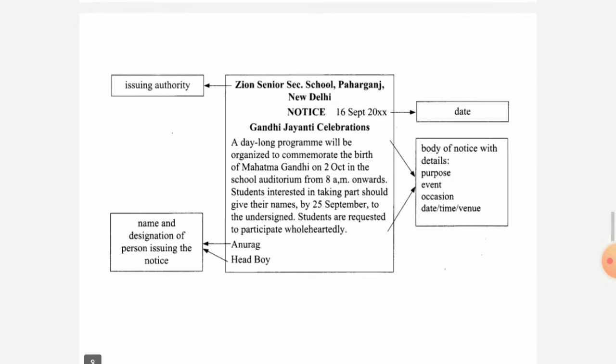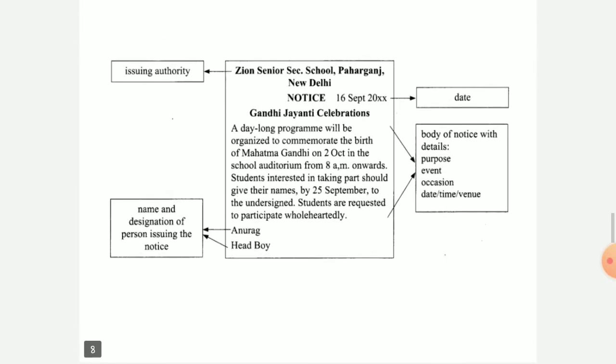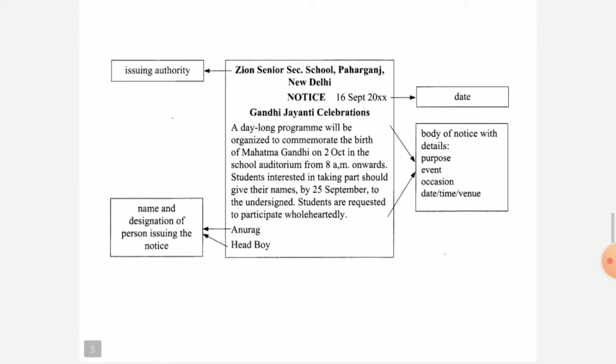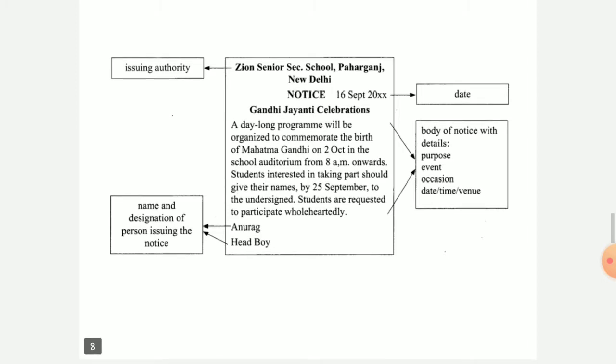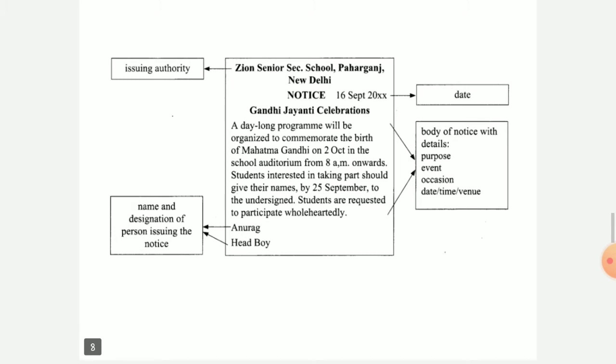Now I am moving on to one very important example. As you can see, this notice is related with Gandhi Jayanti celebration. So how will you proceed? The name of the issuing authority, obviously the name of the school. It is written Zion Senior Secondary School, Paharganj, that is the location. Next line, obviously the place, New Delhi, then notice. Then look at the way the date has been written. Then the main body.